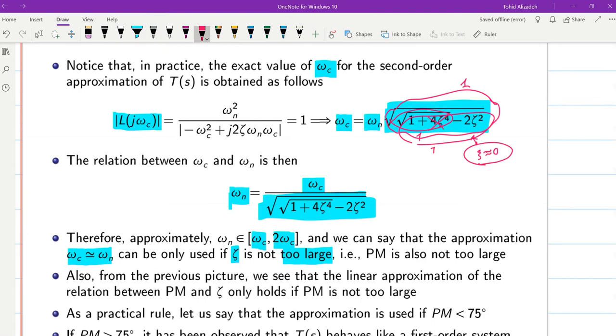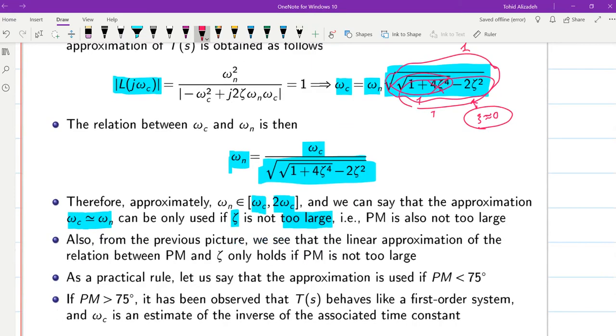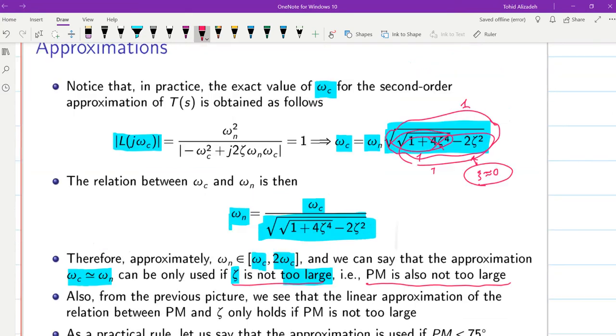So for small values of zeta, the approximation that we had would be valid. But for large values of zeta, the approximation will not be true. And when we say that zeta is not too large, it also means that the phase margin is not too large, because they are directly related to each other.